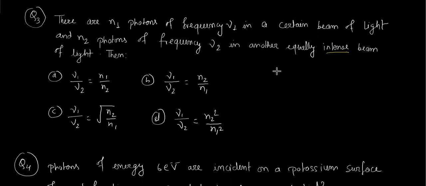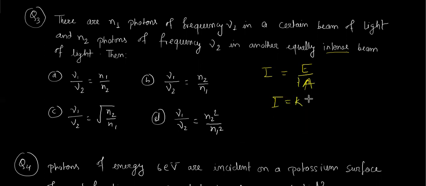So as we know, intensity is the energy per second per unit area in general. Well, we can say that intensity is equal to k times energy, supposing these two parameters to be constant.